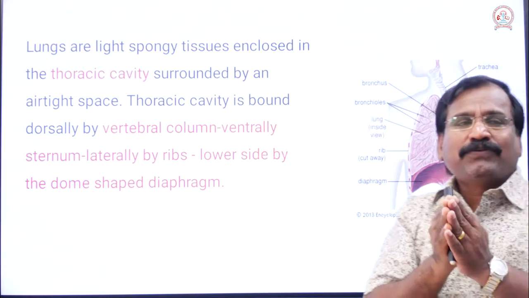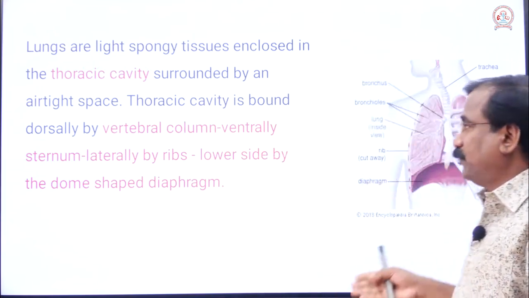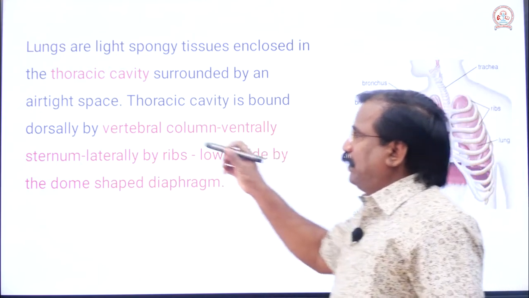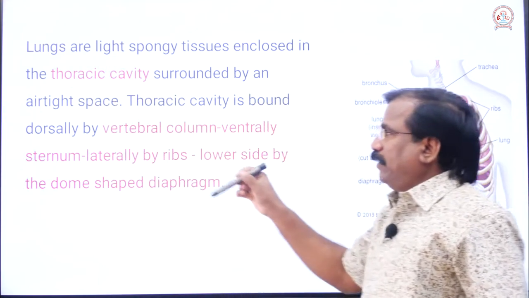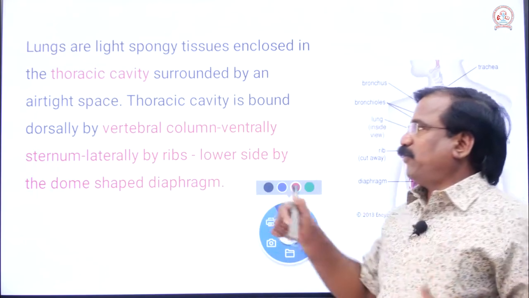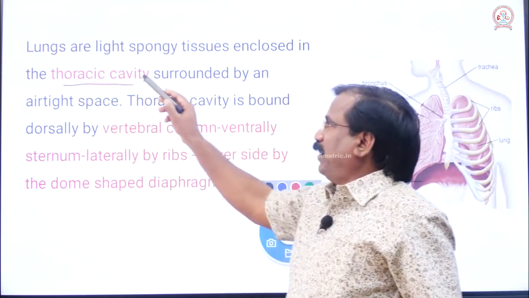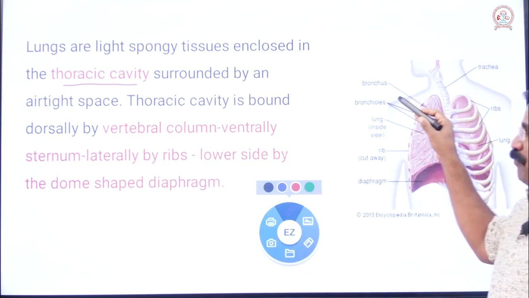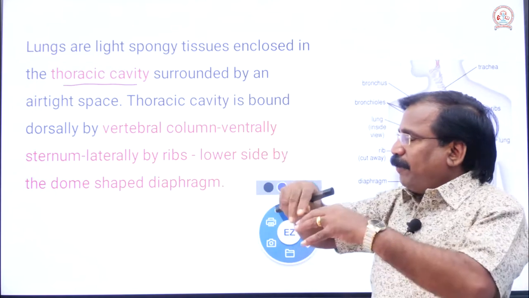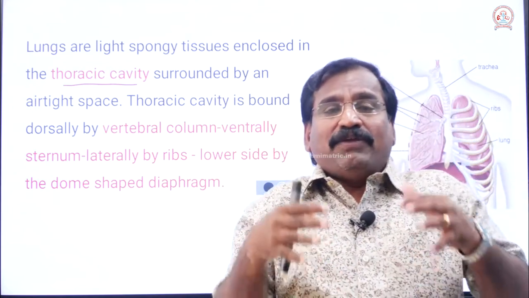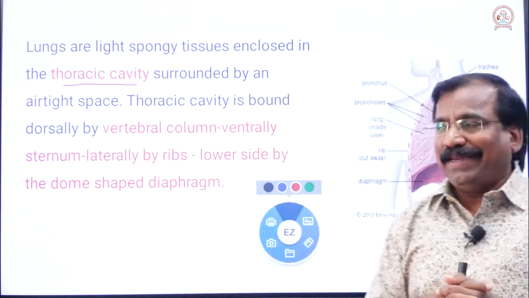Finally, the lungs. They are spongy and lodged in the thoracic cavity, the chest region. Listen, what are the boundaries of this thoracic cavity? It is an airtight compartment.